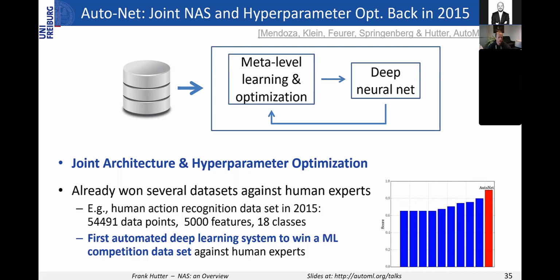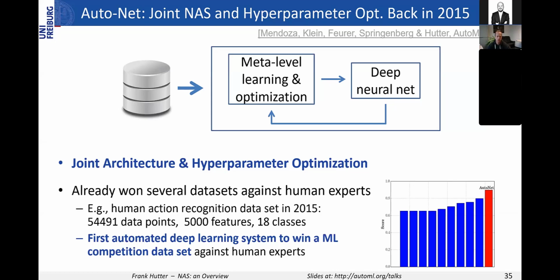And that already in 2015 worked quite well. For example, in the first AutoML challenge, there was a data set that had about 55,000 data points, 5,000 features, 18 classes, and Auto-Net got an AUC of 0.9, and the best human team actually only got 0.8, despite the fact that they had 2 months to work on this data set.